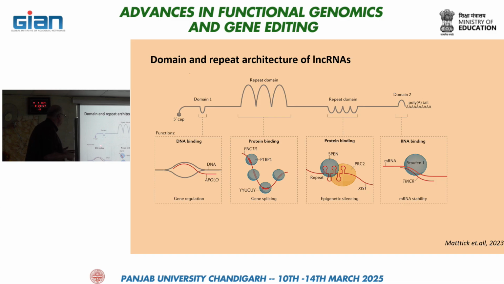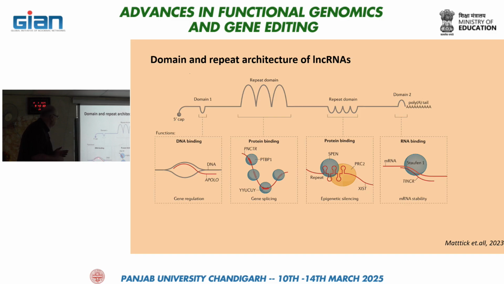First, some sequence is complementary to DNA at a certain position and can form what we call an R-loop. An R-loop is a special 3-strand structure where RNA, here for example it's Apollo, a long non-coding RNA, hybridizes with one strand of DNA, and the second strand is displaced.